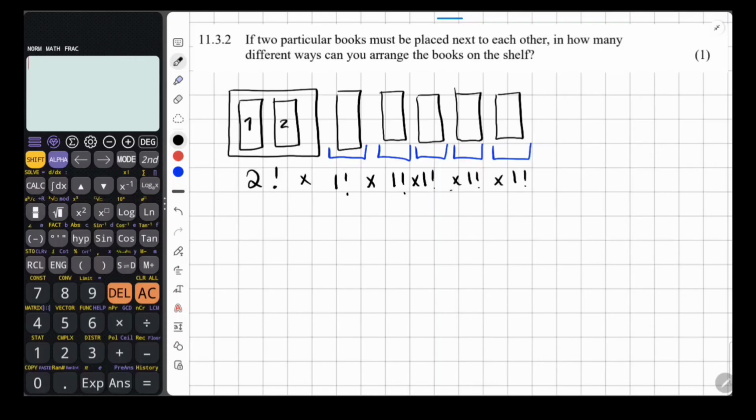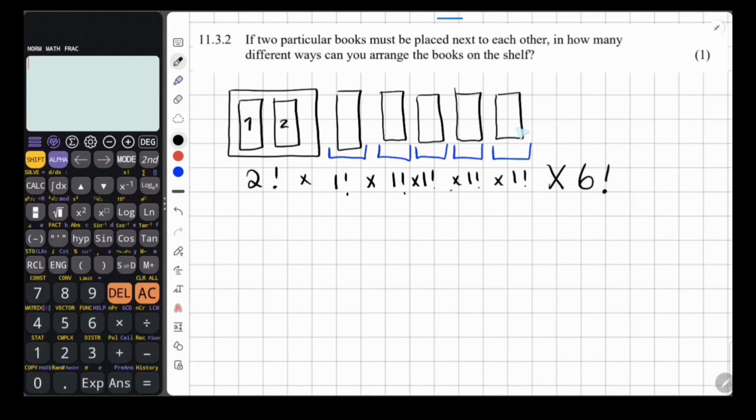And now we just have to count how many groups have been formed by this. It's really this being your first group, that's your second group, third, fourth, fifth, and sixth. So now there are 6 groups being formed, and you need these books to be able to move around anywhere as well. So we'd multiply that by 6 factorial, so that your groups are allowed to move around.